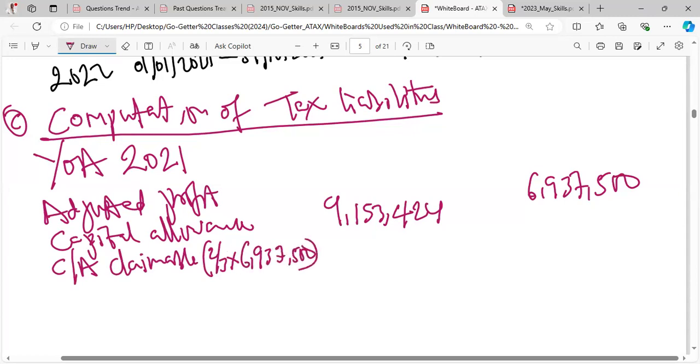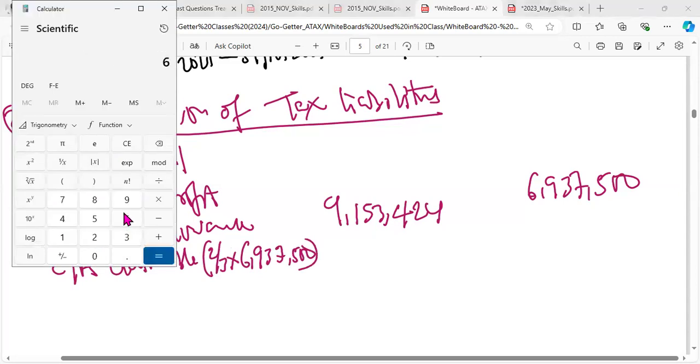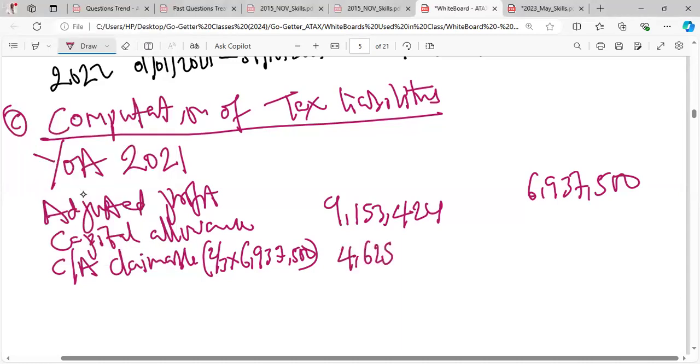So that's what will be claimable. 6,937,500 times 2 divided by 3. So this is what you can claim: 4,625,000. That's what you can claim.